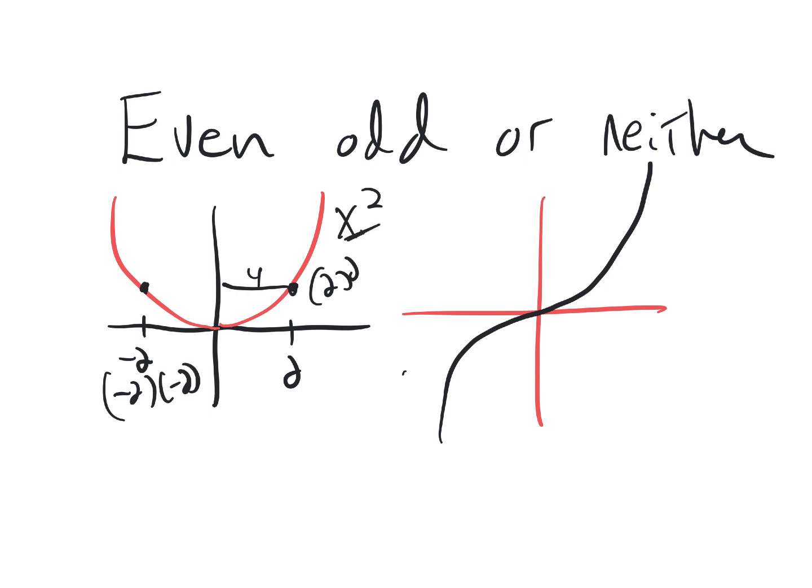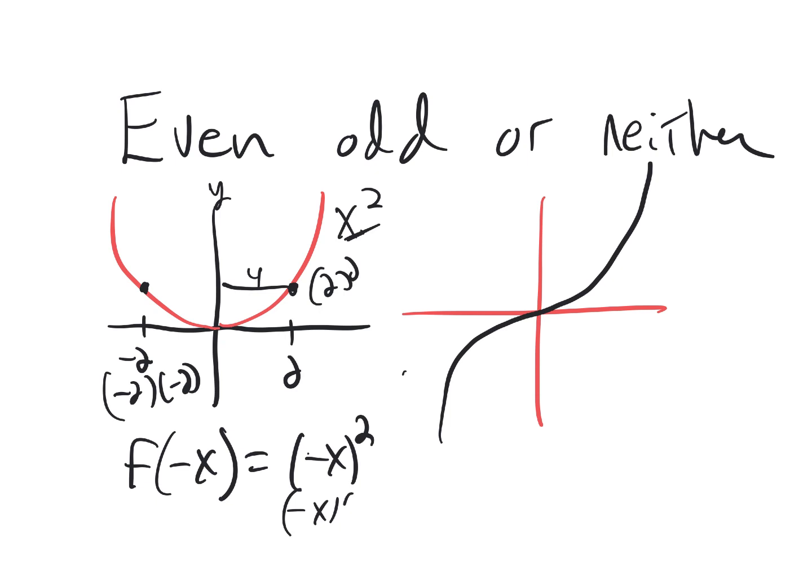So this is an even function graphically, certainly. It's symmetric about the y-axis. So the way we do this algebraically is, if the function is symmetric about the y-axis, I substitute negative x into the equation and then evaluate it. That's going to be negative x times negative x, which is the same thing as positive x squared.